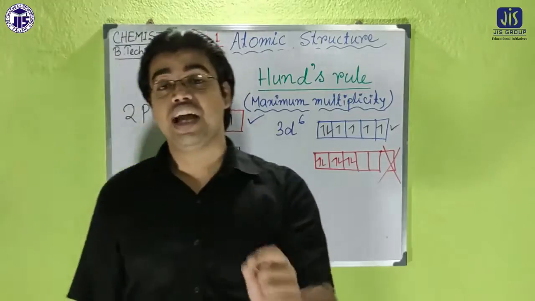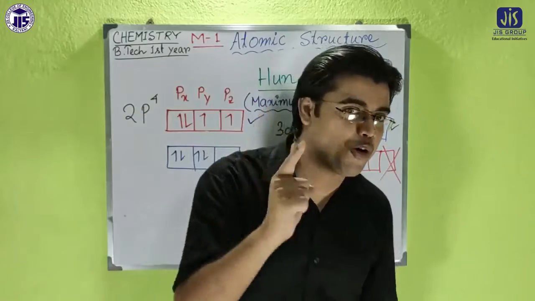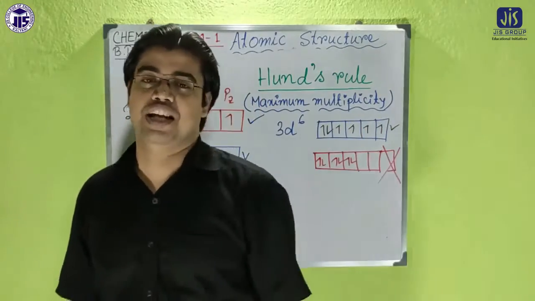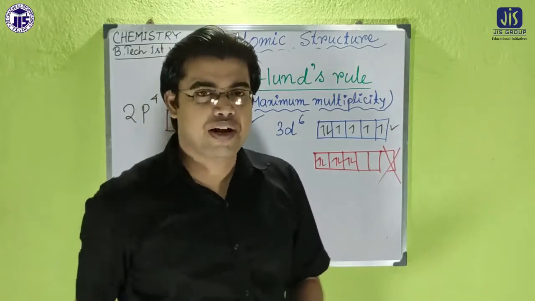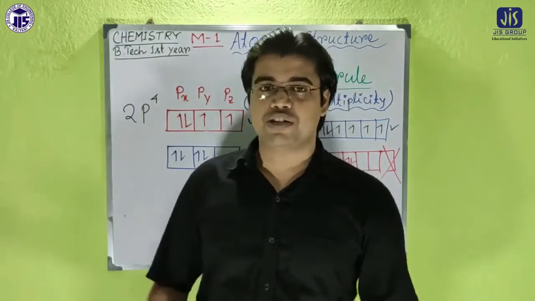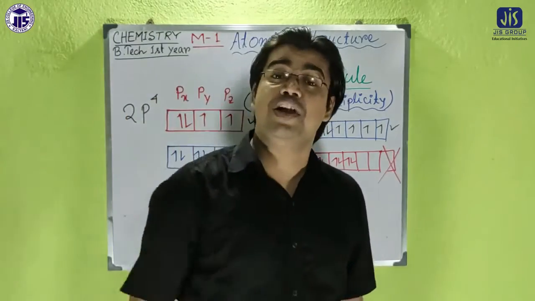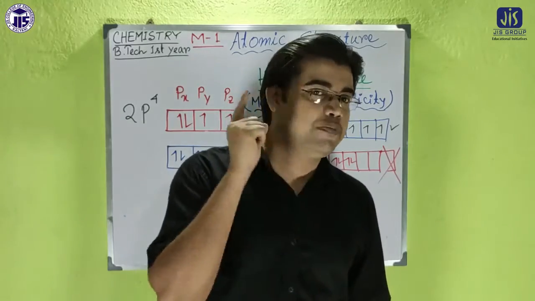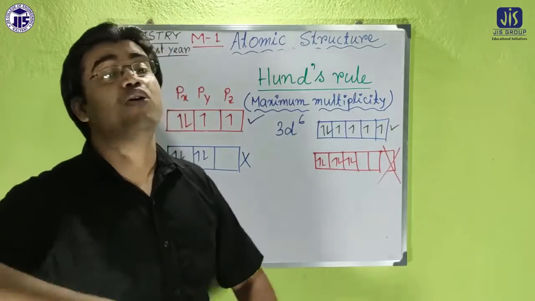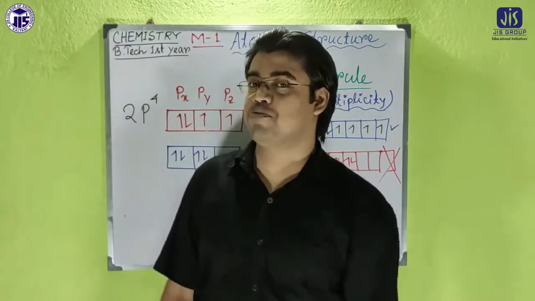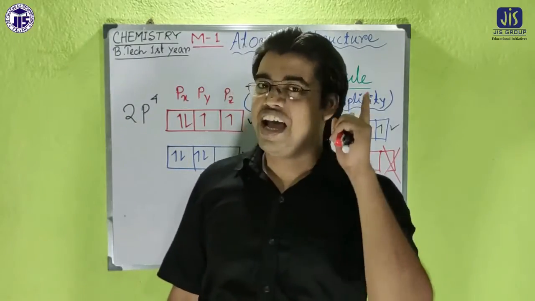For a particular subshell, when you are giving electrons one by one to the orbitals, you already know from the previous concept that one orbital can carry a maximum of 2 electrons, but you can't put 2 electrons at a time in that particular orbital. You have to put one electron in all the orbitals of that subshell, then come back to the first one for the pairing of the electrons.